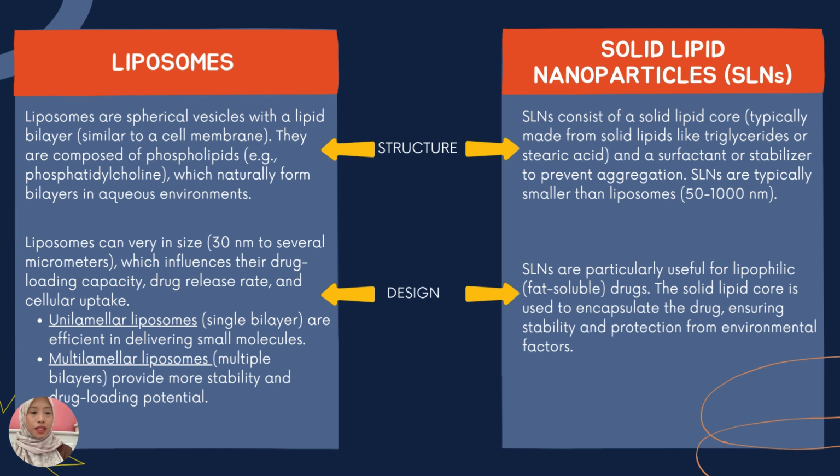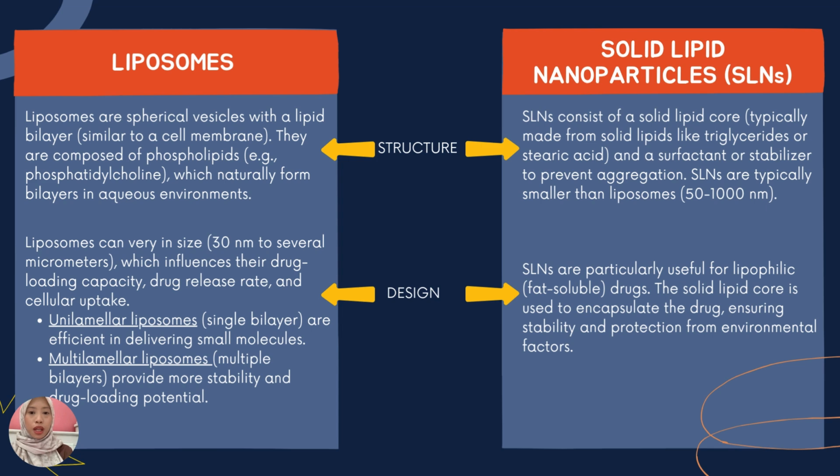This is the difference between the liposome and the solid lipid nanoparticle. For the structure, liposomes are spherical vesicles with a lipid bilayer similar to the cell membrane, and they are composed of phospholipids, for example phosphatidylcholine, which naturally form a bilayer in an aqueous environment.